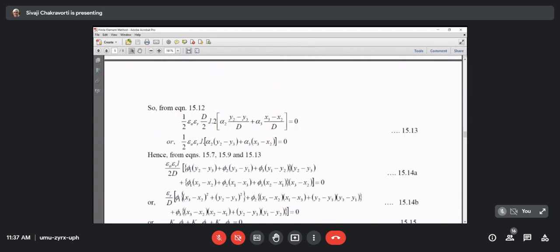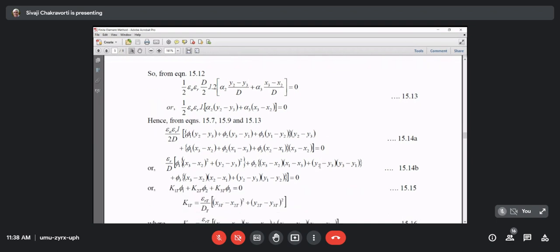So I get equation 15.13, and you can see that D cancels because D is definitely not 0. If D is 0, we cannot compute. So it is a finite element. That's why it is called finite. It has a finite area also. So D cancels. Then we get this equation.